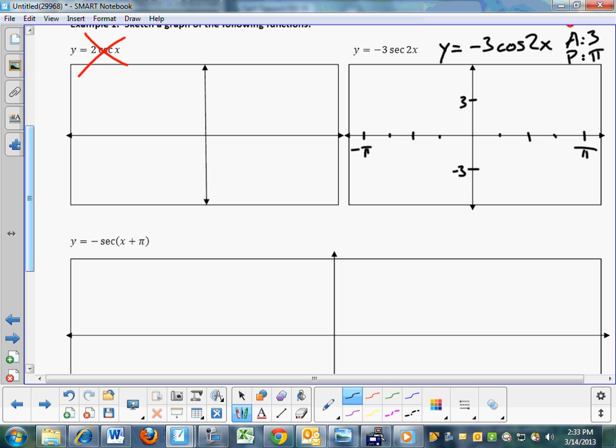Okay, so does this start top, bottom, center? Bottom. Does it start by going up or down? It's going to go up.